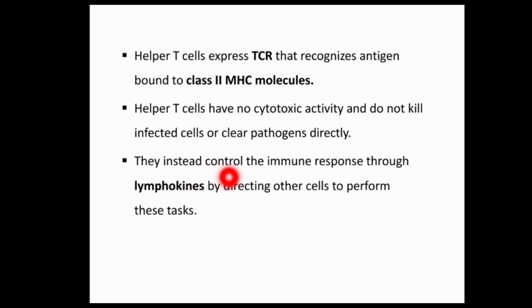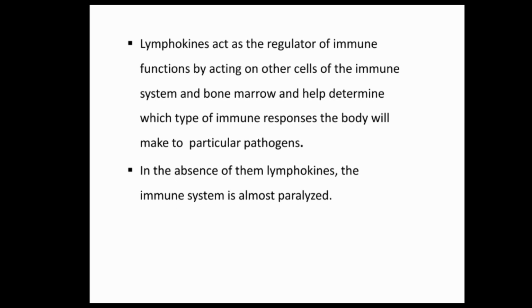They instead control the immune response through lymphokines by directing other cells to perform this task. Lymphokines act as regulators of immune function by acting on other cells of the immune system and bone marrow, and help determine which type of immune response the body will make to a particular pathogen.